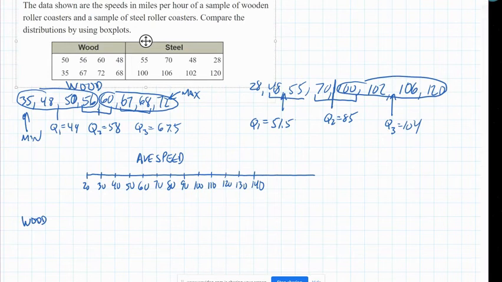So our minimum for this one is 35. And then we go to 44. And then 58.